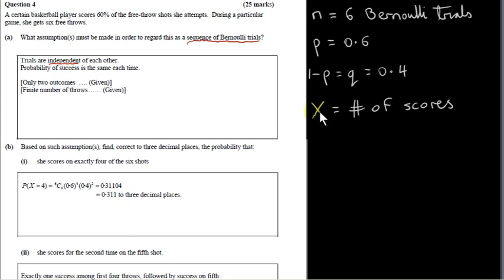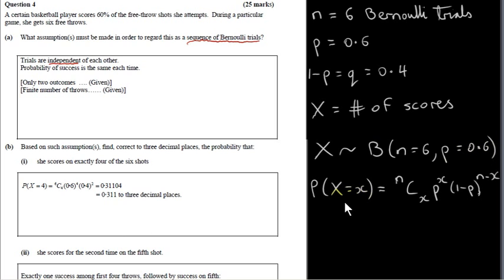If we let x be the random variable representing the number of scores that she gets out of 6 throws, then x follows a binomial distribution with parameters n equals 6 and p, the probability of success, is 0.6. The probability density function for the binomial distribution is nCx times p to the power of x times (1 minus p) to the power of n minus x.